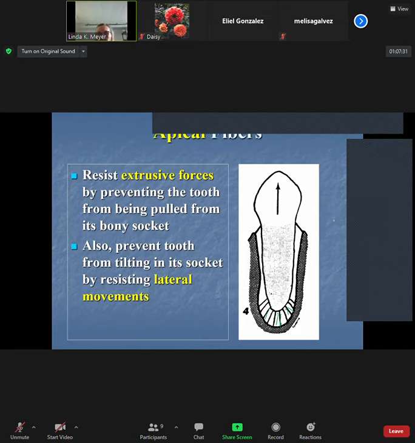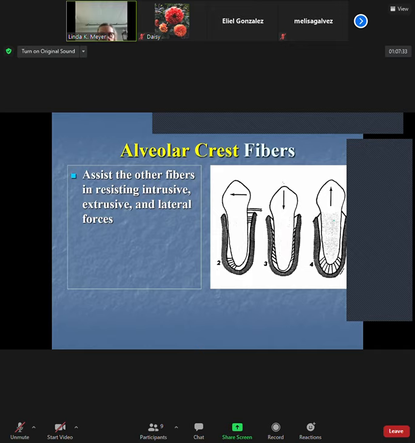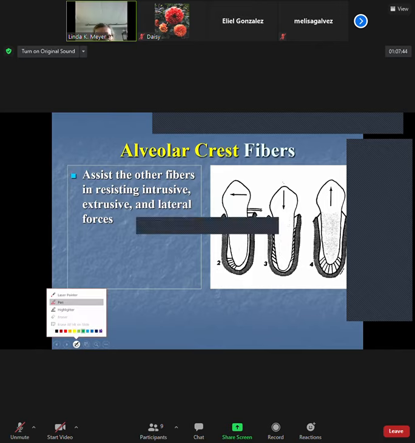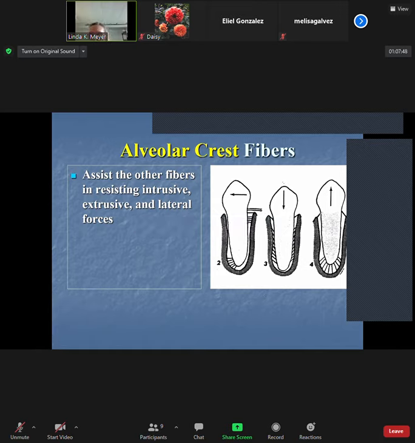Okay, so the final thing I want to mention are these alveolar crest fibers. In our diagram, we labeled them as primarily being in this direction. They go from the cementum and an apical. They're a very small group, but not shown on your diagram.